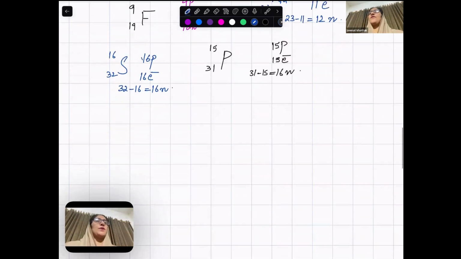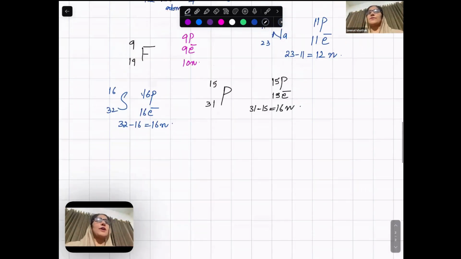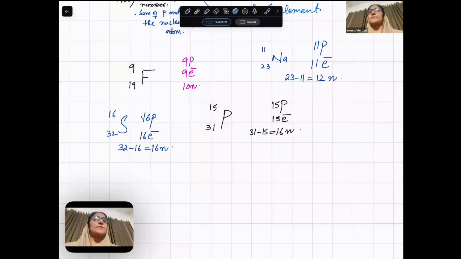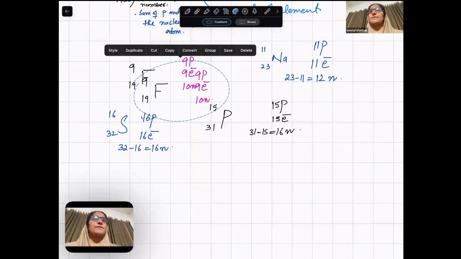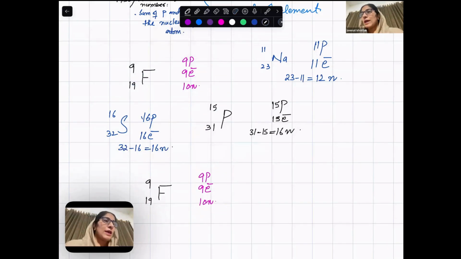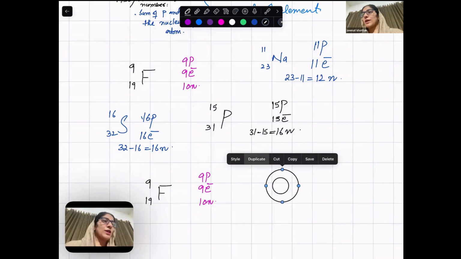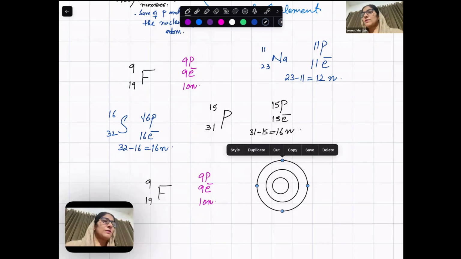Now, if I draw an atom for you, inside the nucleus, and then first shell and then second shell.